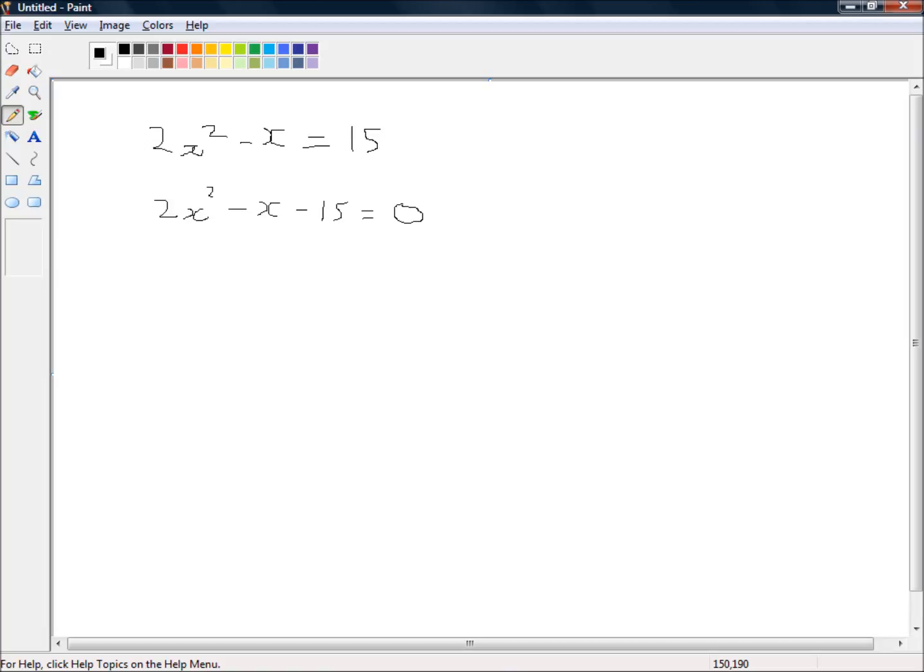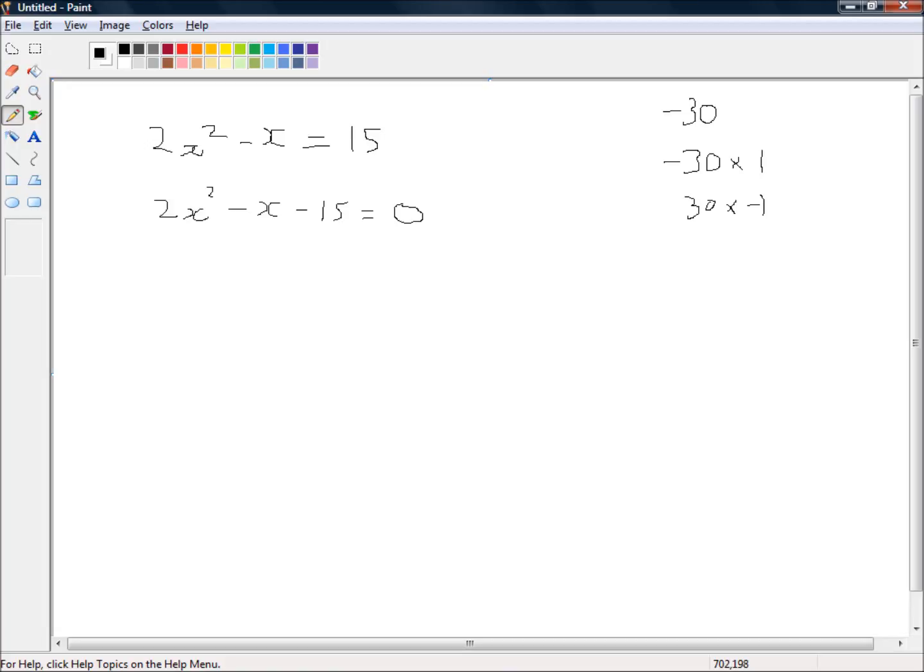So let's look for factors of 2 times negative 15, which is negative 30. Okay, well we've got negative 30 times 1, and we've got 30 times negative 1. They will sum to negative 29 and positive 29, which is not negative 1.